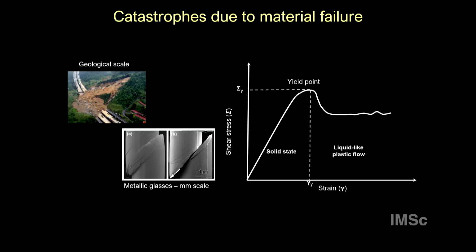And why is this problem important? I don't have to really say why, because material failure can lead to catastrophes. Some of the examples are shown here, and what is really interesting is that the scales are very different.